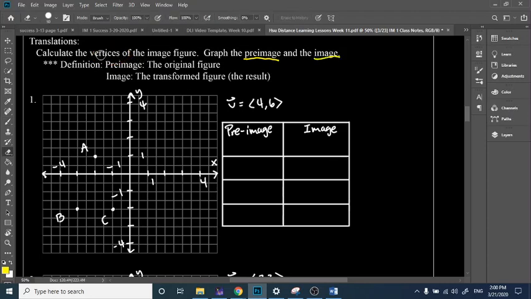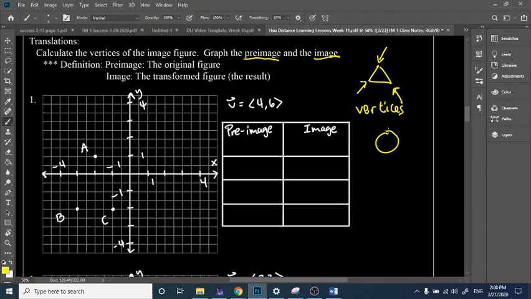And you need to use the vertices. These are vertices. It's the pointy parts of a shape. That's a vertex. Those are vertices. Versus a circle, you have no vertices because it is smooth, there's no pointy parts.